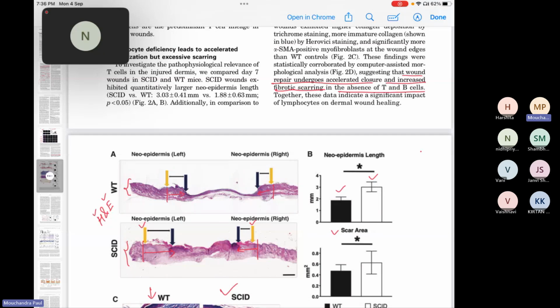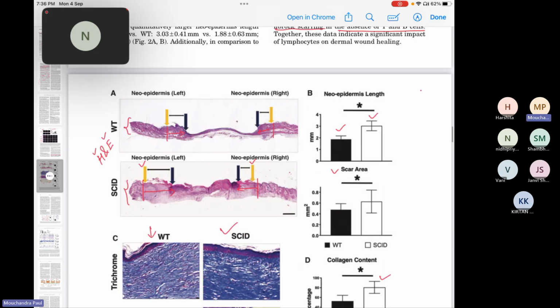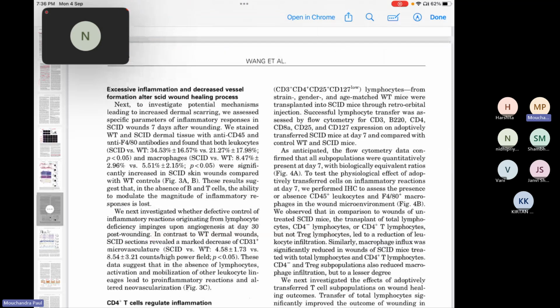Whereas there is a large deposition of collagen, and the activity of the myofibroblasts is also large, meaning the number of myofibroblasts in the dermis layer is higher in SCID compared to the wild type mice, because of which there is more fibrosis, meaning scar tissue formation, in the SCID mice. So this helps us understand that in the absence of T lymphocytes, because SCID mice do not have T or B lymphocytes, this kind of wound repair process will proceed.